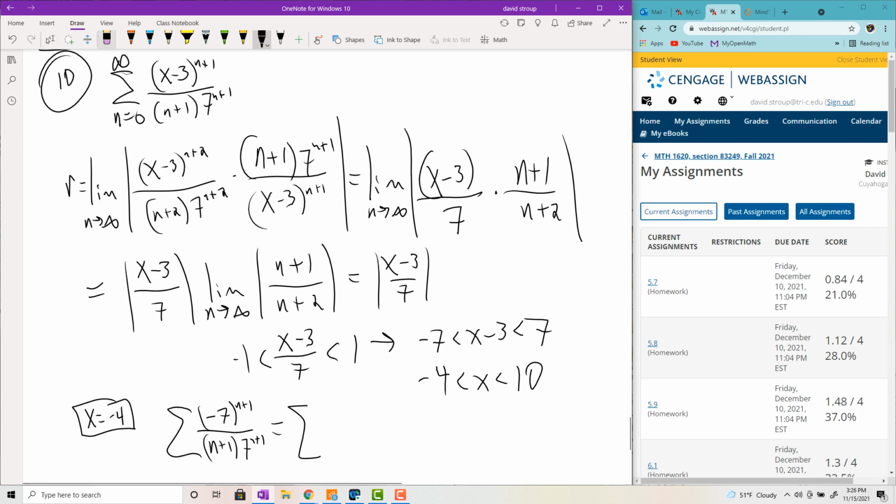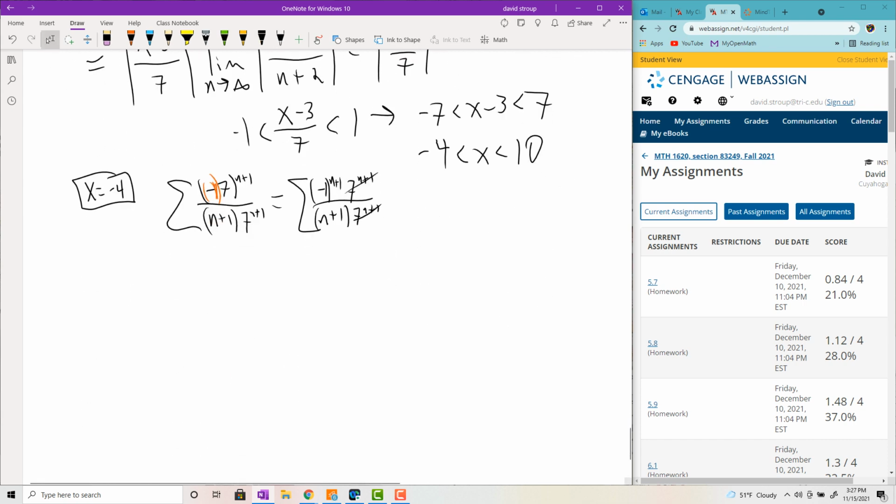You could rewrite that numerator as negative 1 to the n plus 1 times 7 to the n plus 1, just using your rules of exponents. By doing that, you get that nice cancellation with the numerator and denominator. So you just end up with an alternating series, and you could use the alternating series test on it.